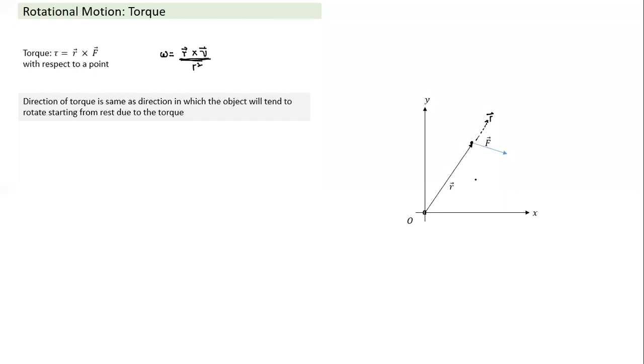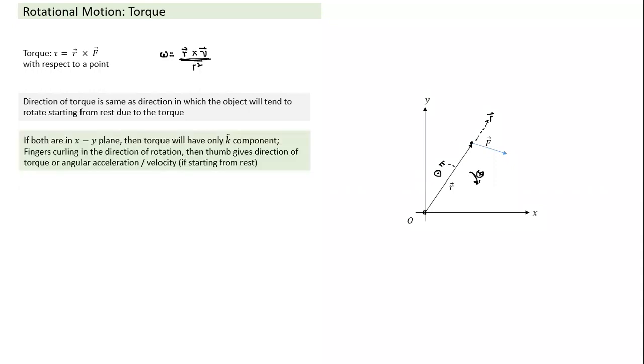If it is turning in the clockwise direction, that's how fingers will curl into the plane of paper, so it is into the plane of paper. And if it is turning anti-clockwise, if I turn my fingers in this direction, my thumb will point towards me. That's the direction. So either r cross f or clockwise or anti-clockwise, you can find the direction of torque. In most cases, clockwise and anti-clockwise is enough. R cross f is not necessary.